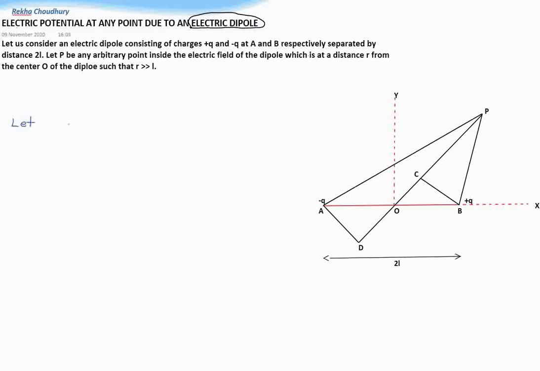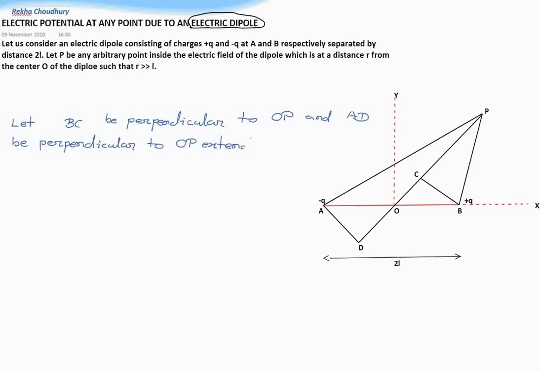Let BC be perpendicular to OP, and AD be perpendicular to OP extended, and the angle POB, that is equal to angle AOD, is equal to theta.